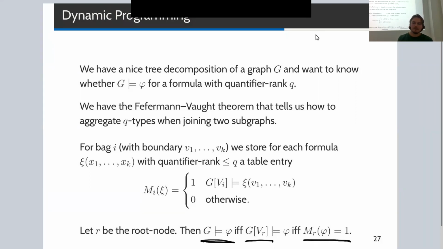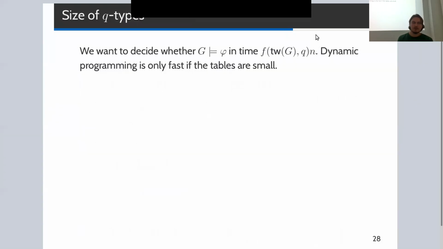But we have to be careful, because our dynamic programming is only fast if the dynamic programming tables are small. So we have a problem if we store huge tables, and at first glance, it's maybe not immediately clear that these Q types are in fact small.